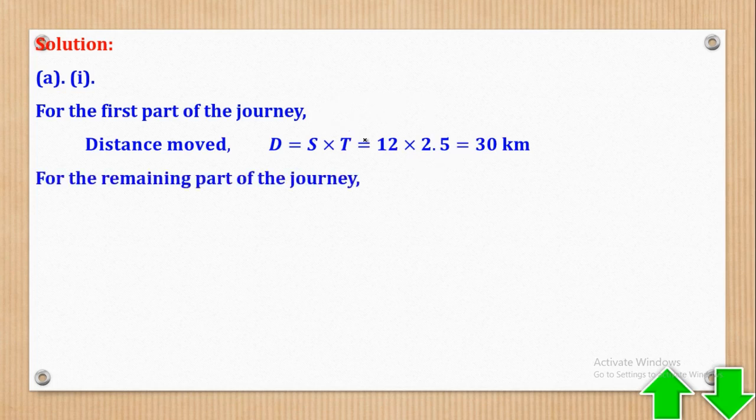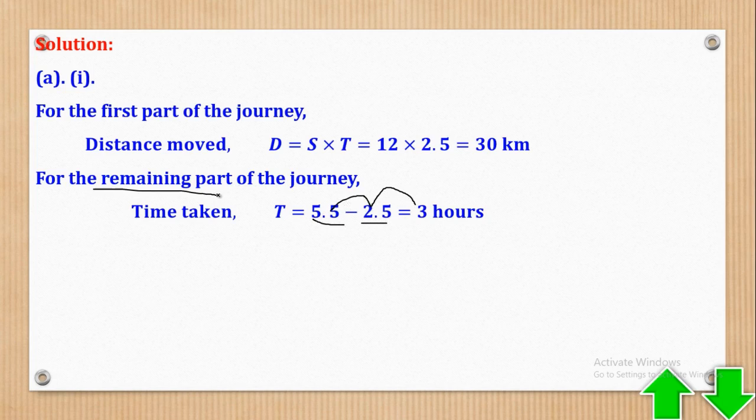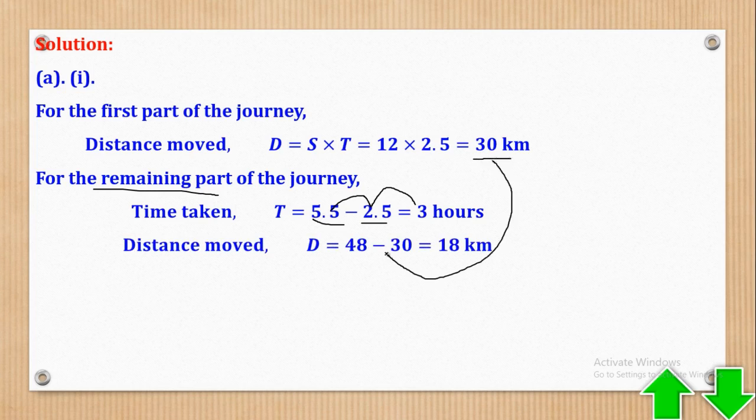For the remaining part of the journey, remember, he has already taken 2.5 hours out of the 5.5. So when I subtract, I'll come up with 3 hours for the remaining part. And he has already covered 30 kilometers out of the 48. So 48 minus 30 gives 18 kilometers, which is the remaining distance.